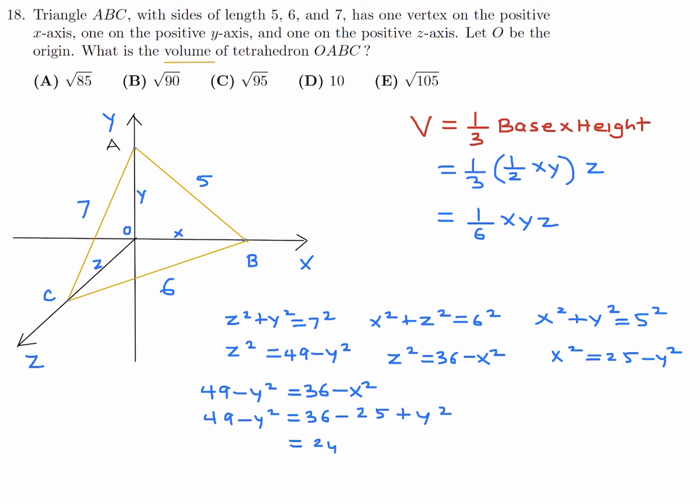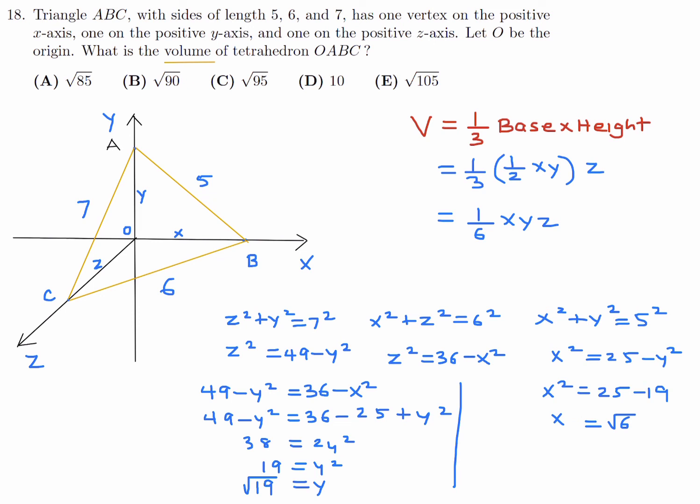So this becomes 2y squared is equal to 38, and therefore y squared is equal to 19, and therefore y is root 19. All right, I got y. Now I've got to figure out x. x squared is going to be 25 minus 19. x is therefore the root of 6.